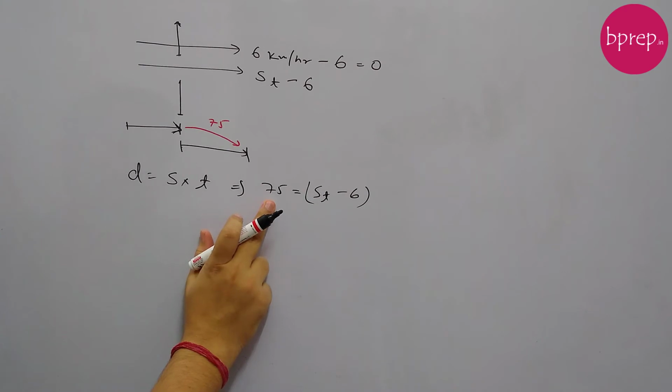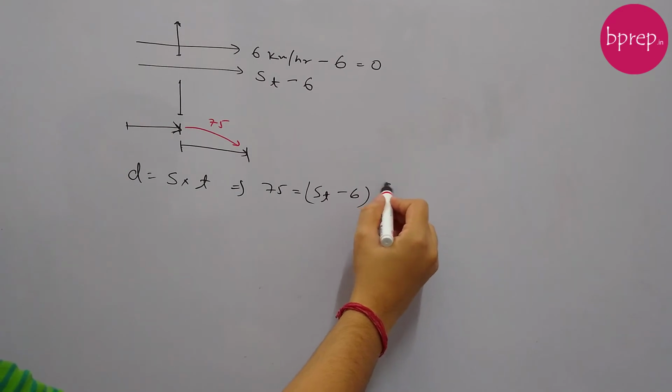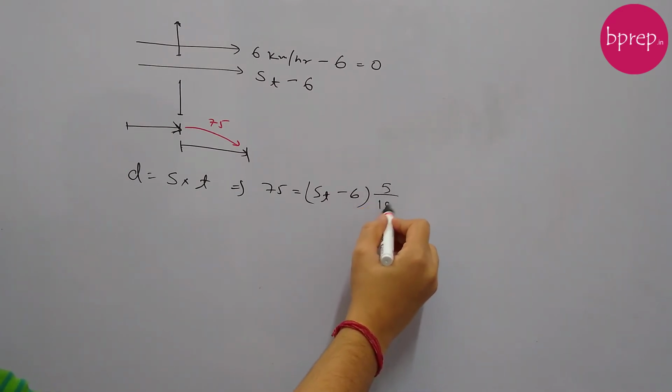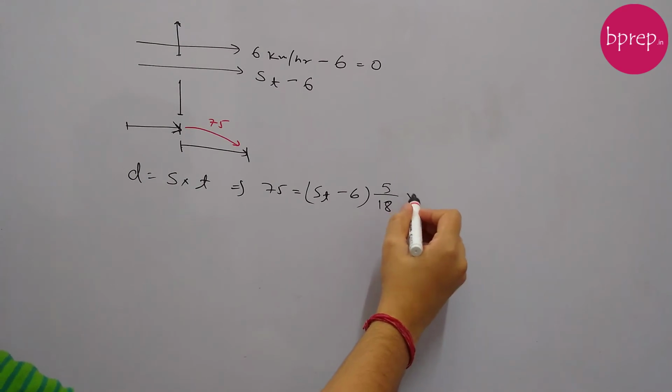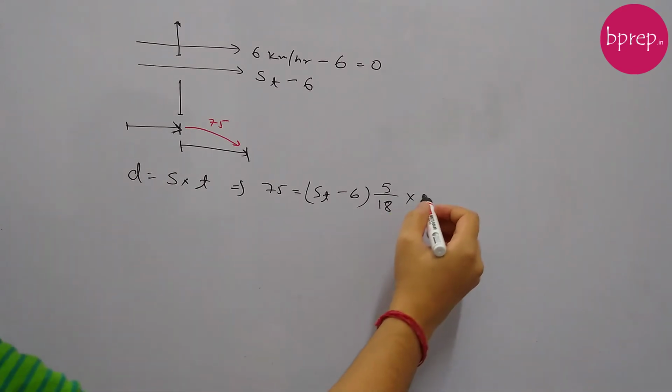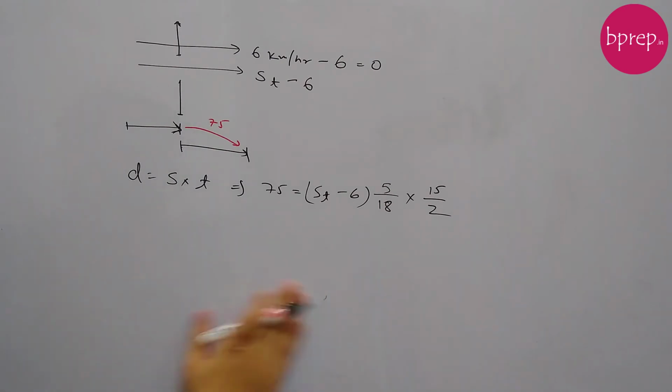See, distance is given in meters and this speed is in kilometers per hour, since we assumed st as kilometers per hour. So we need to convert it into meters per second, so we multiply by 5 by 18. And time: it is given that the train takes 7.5 seconds, so time will be 15 by 2 seconds. Okay, so this is our first equation.